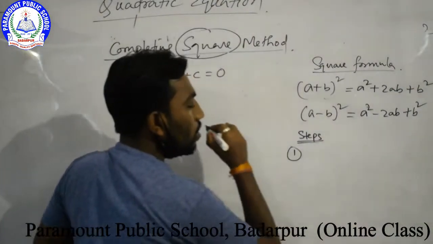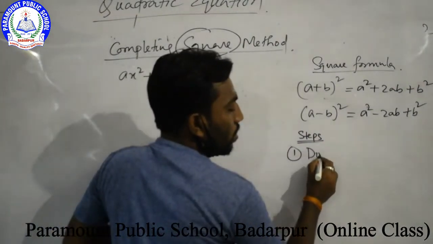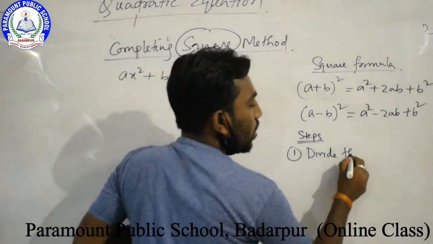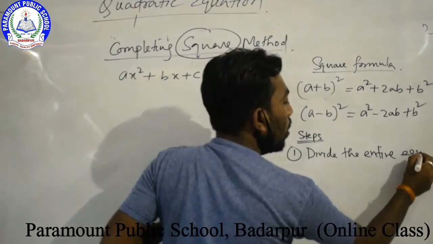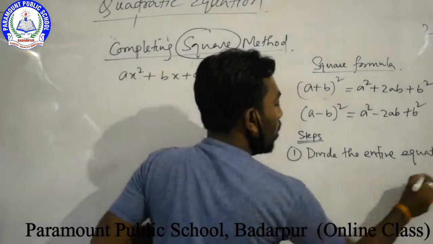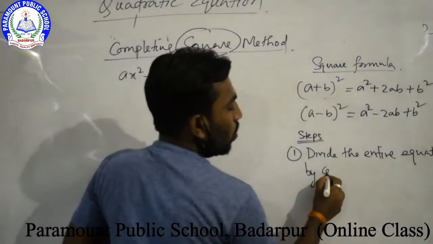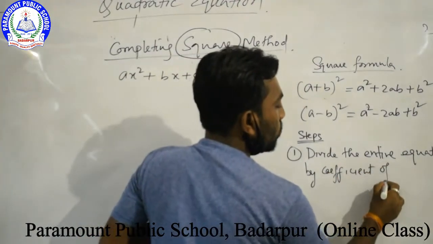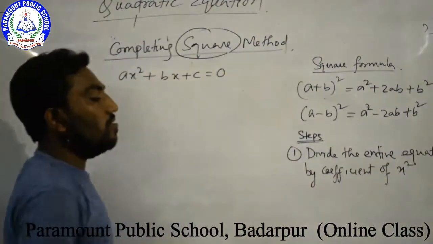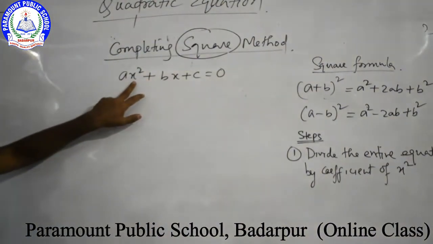First, divide the entire equation by the coefficient of x square. So dear students, what is the coefficient of x square?